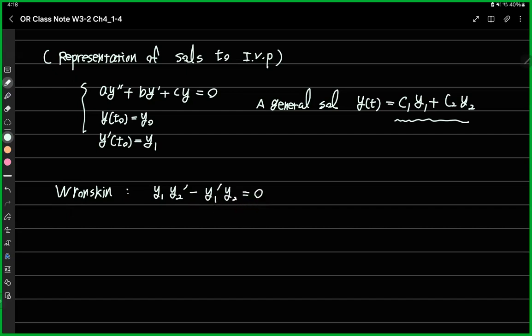If this is equal to 0 at any t, this is the Wronskian. Sorry, give me a second. If the Wronskian equals 0, then y1, y2 must be linearly dependent.